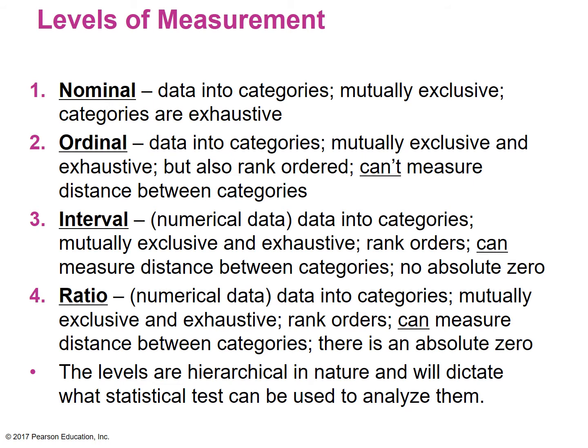One thing, and I've mentioned this before, you can convert ratio and interval data into ordinal or nominal categories, but you cannot convert nominal and ordinal data types into interval or ratio data. And because nominal and ordinal data is non-parametric, it really ties your hands on what appropriate statistical analyses you can perform.